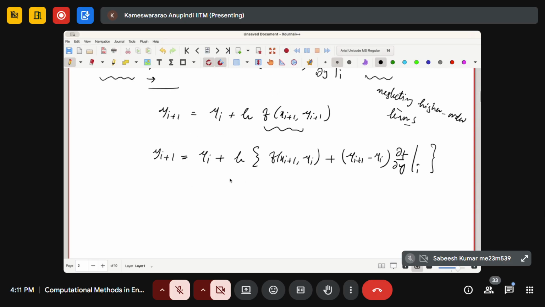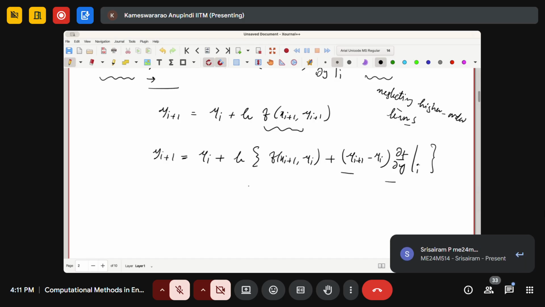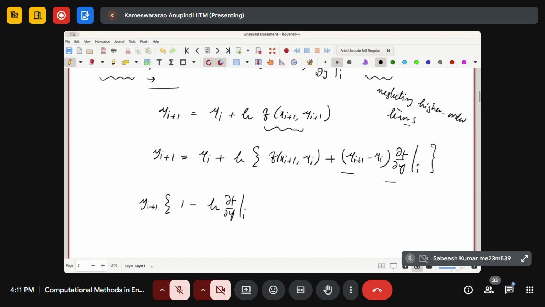So if this is the case, then I can now bring terms to one side. I can write this as, for example, yi plus 1 partial f partial y, and bring it to the left hand side. This is going to be yi plus 1 times (1 minus h times partial f by partial y at i), right? This h is being multiplied. On the right hand side we have yi times (1 minus h times partial f by partial y at i) plus h times f of xi plus 1, yi.